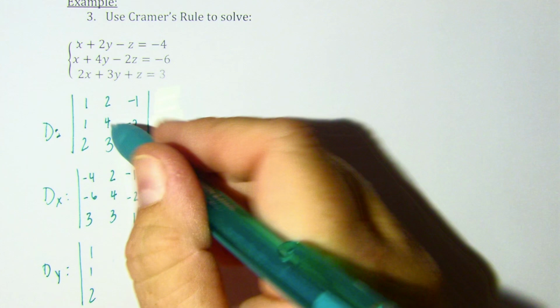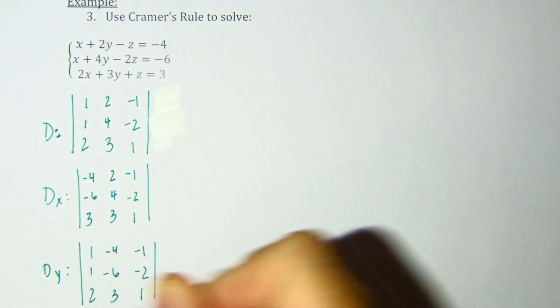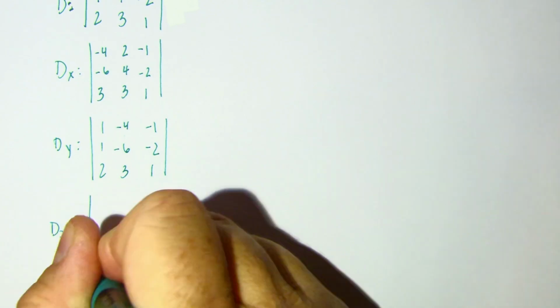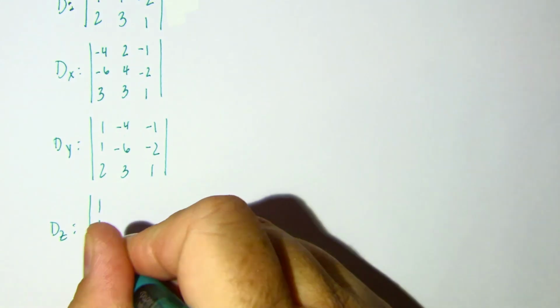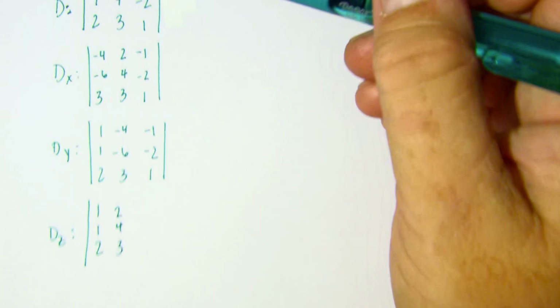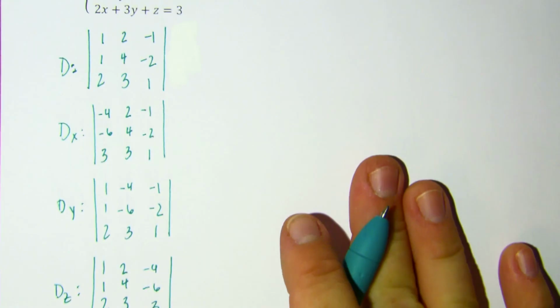But y's get changed to the numbers on the end, -4, -6, 3. And then dz, x's stay the same, so 1s and 2, 4, 3. But then the z values get changed to, again, the numbers on the end, so -4, -6, 3. And now it's just evaluating all of these determinants.